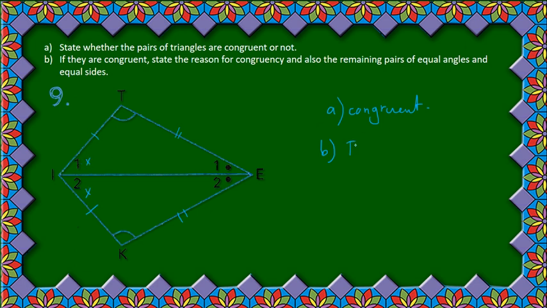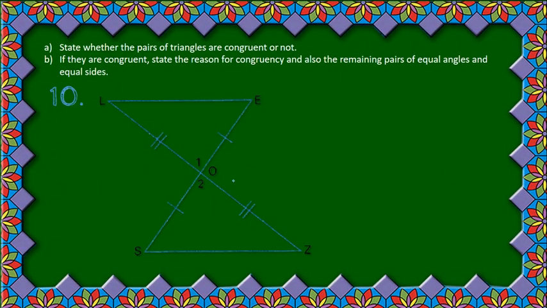So TI will then be equal to IK, and TE will be equal to KE, and then angle I1 will be equal to angle I2.